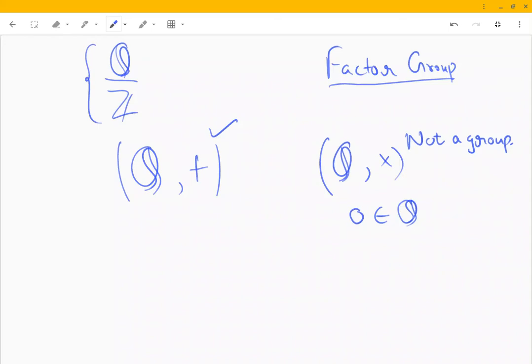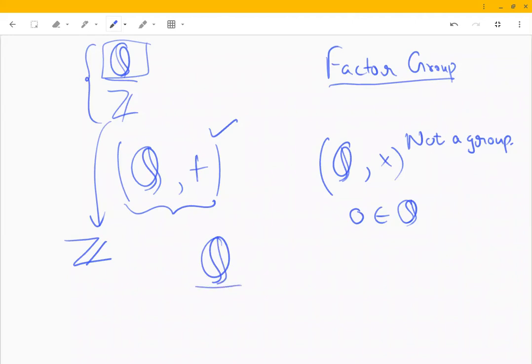So Q over Z. What that means is that I separate this subgroup from this group. That is the first thing I do. Then for Q over Z to be a group, Z has to be normal in Q. And Z is normal in Q. The reason being Q under addition is an abelian group, right? Rational numbers commute.